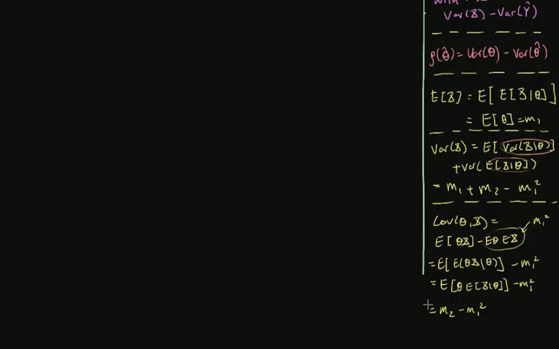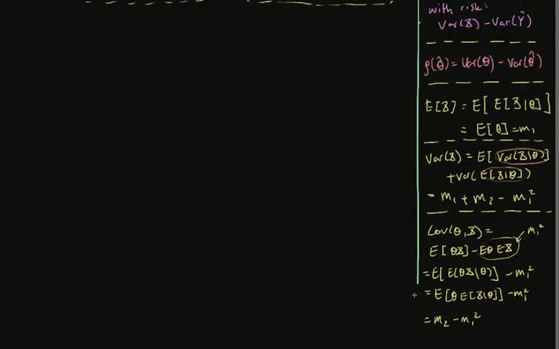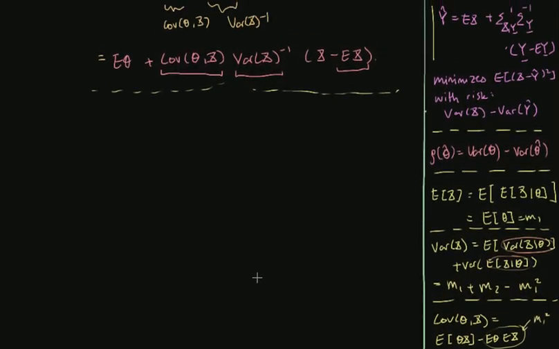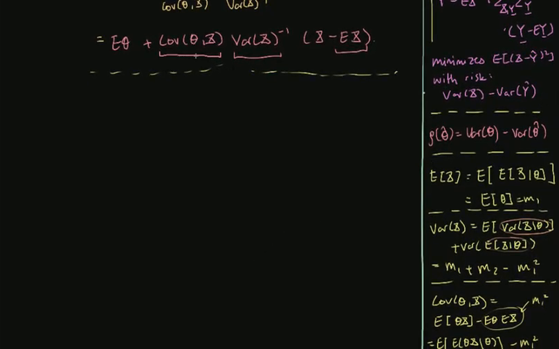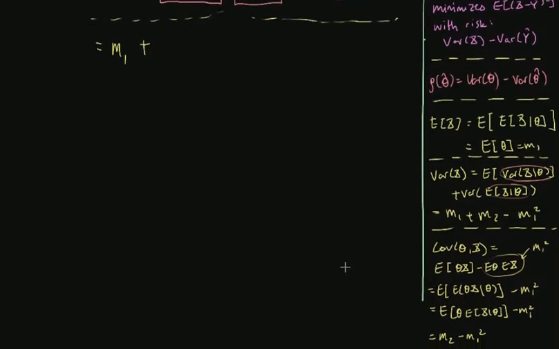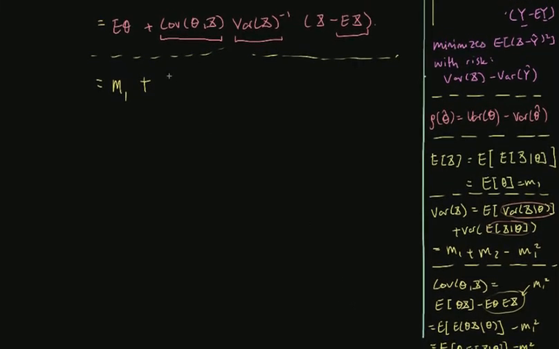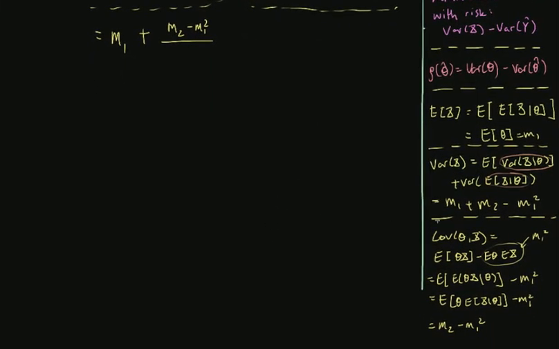Now I have expressions for each of these three based on m1 and m2, and that is nice because that means I can continue my calculations up here. The mean of theta is just m1 plus the covariance, which was expressed by m2 minus m1 squared, divided by the variance of x, which is m1 plus m2 minus m1 squared.